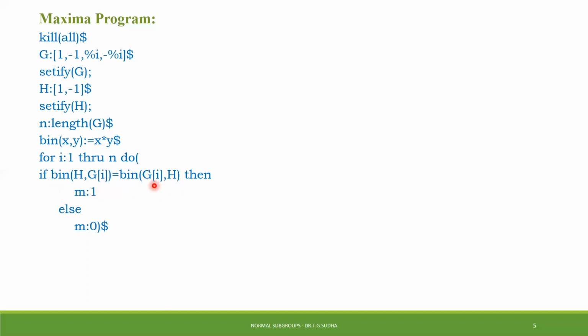If this is equal to this, that is the right coset is equal to a left coset, then we store under the user variable m equal to 1. Else we store it as m equal to 0. So here it is nothing but hg is equal to gh. That is, as I told you, it is the right coset is equal to a left coset form.